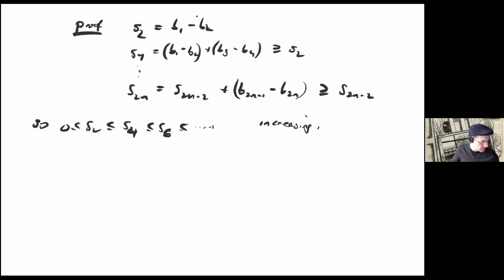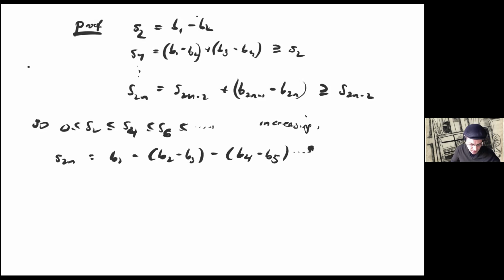Now, furthermore, the sequence S_(2n) can also be rewritten as b1 minus (b2 minus b3) minus (b4 minus b5), and so on, dot, dot, dot, up to minus (b_(2n-2) minus b_(2n-1)) minus b_(2n). We can rewrite it like this.